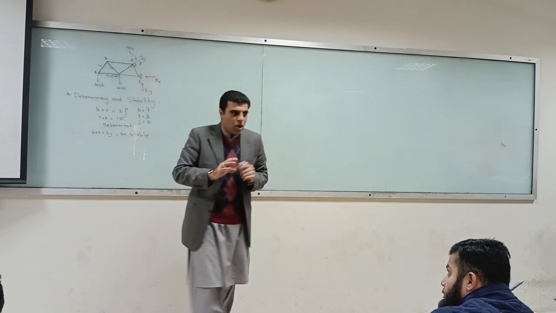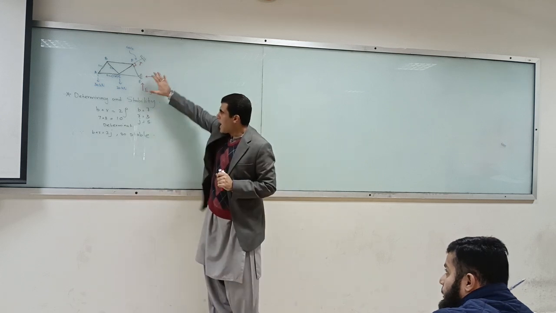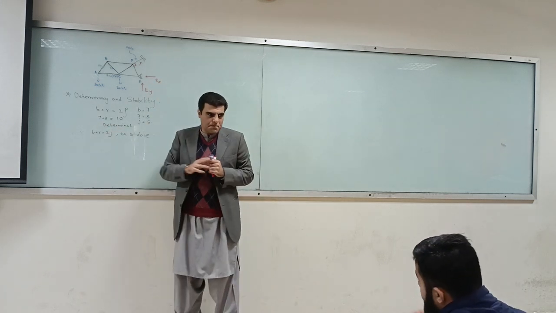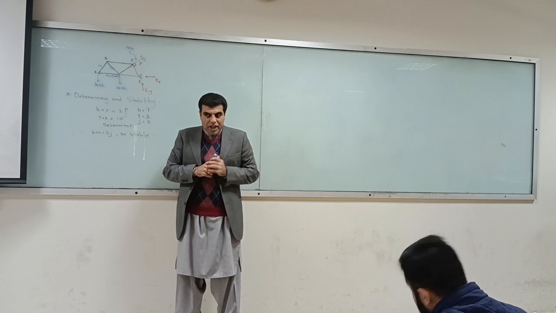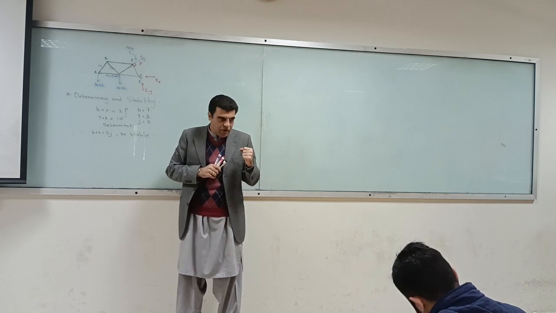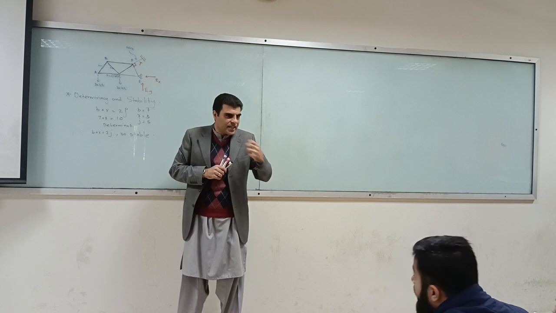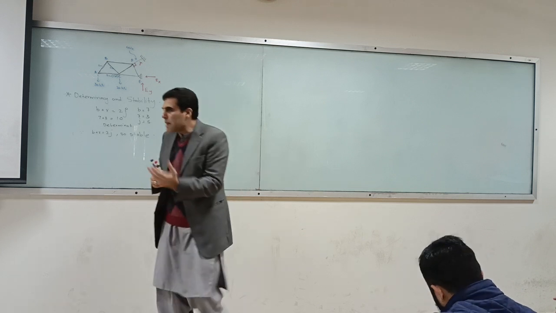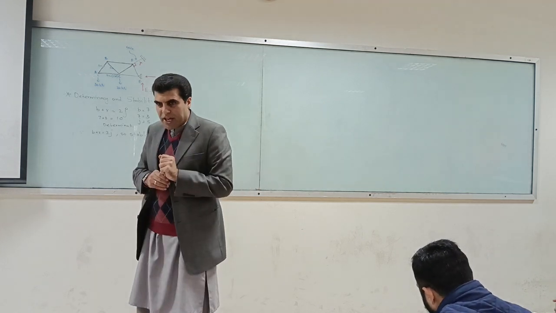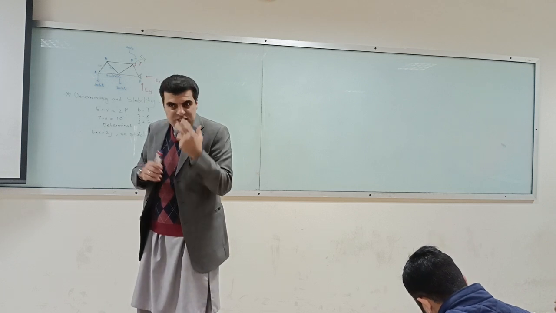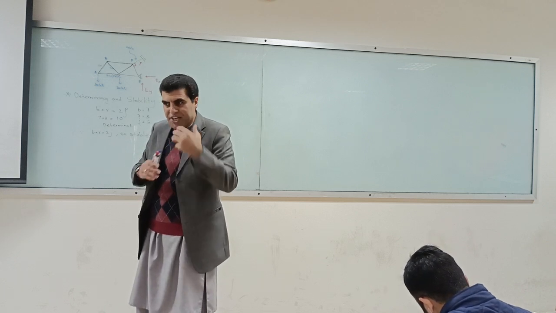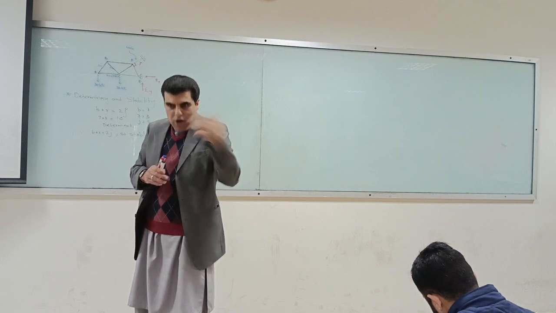Now, what would be your next step? You have to find out the reactions. That is normally the next step, but you have sort of learned it; it is not something you developed through common sense.